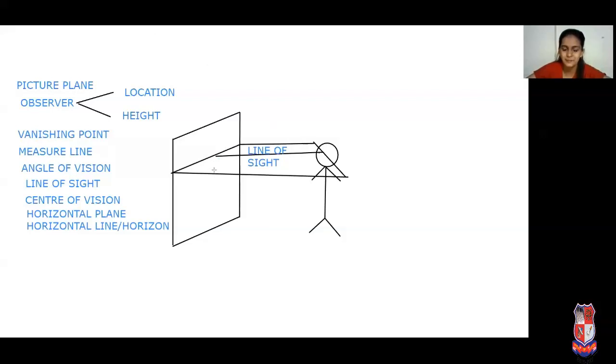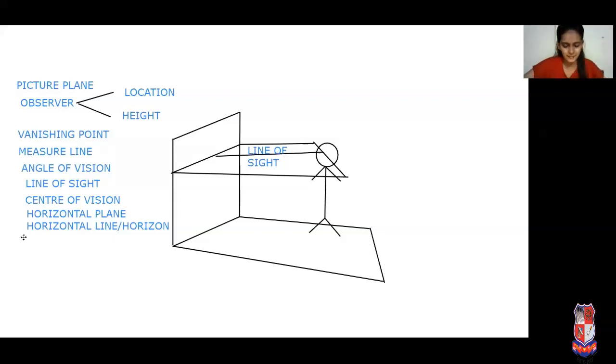Now the next thing: where does the observer stand? On a ground or ground plane. Suppose we are standing on the ground. Consider the ground as a ground plane, the plane where the observer stands.